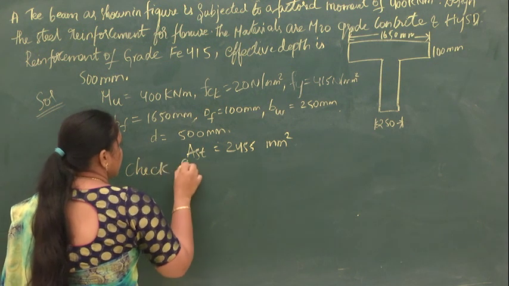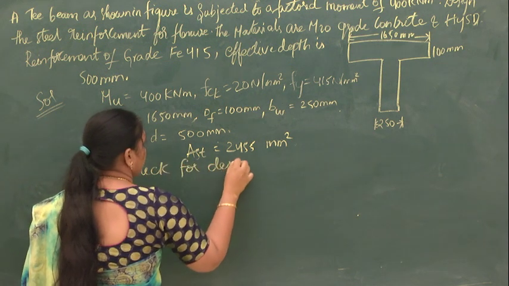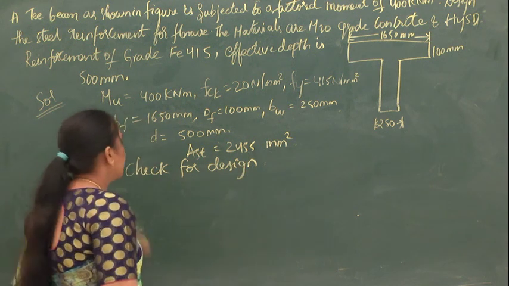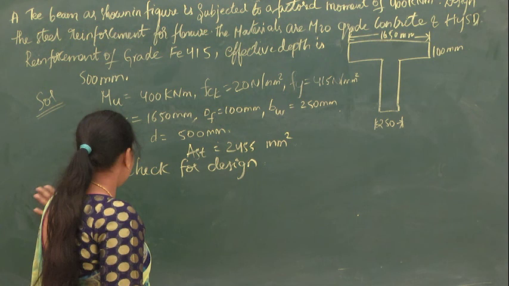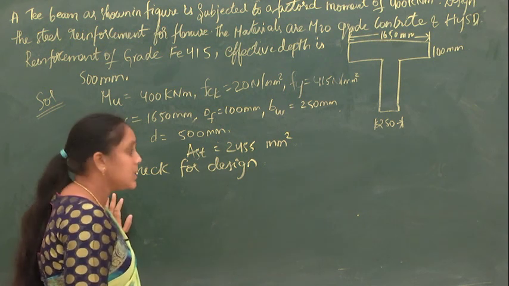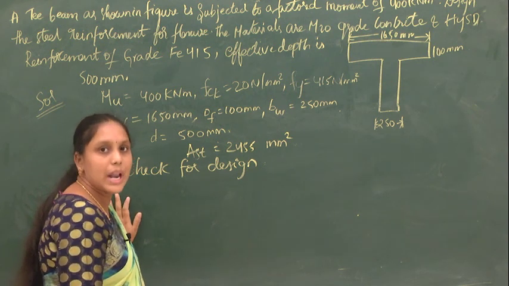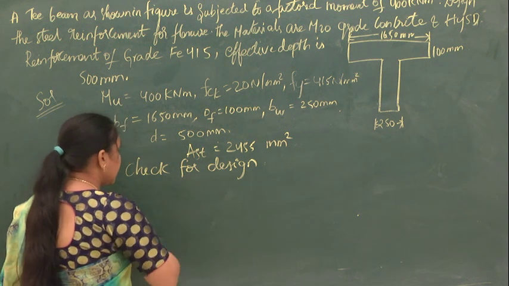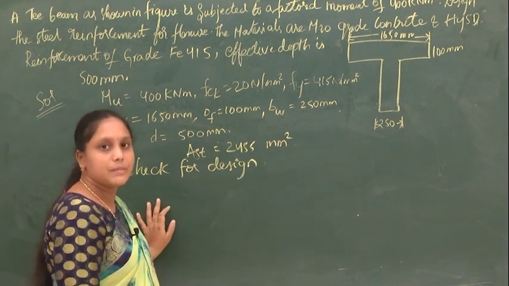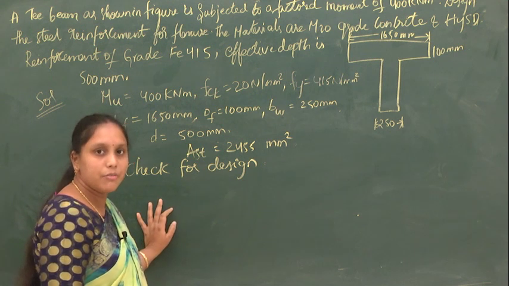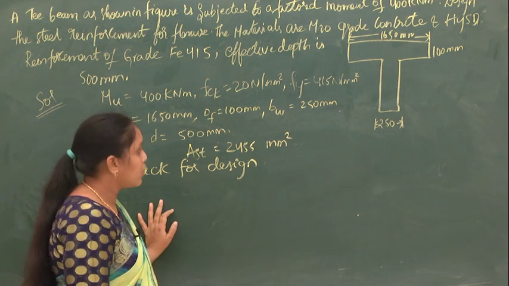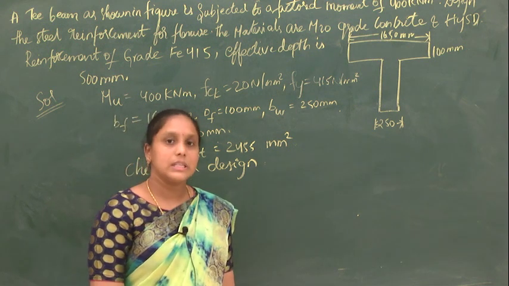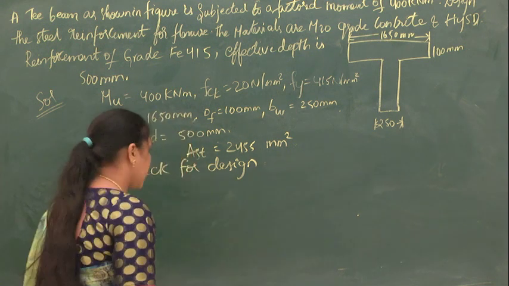For checking the design, first I am going to calculate the neutral axis depth. How do we calculate the neutral axis depth? The neutral axis depth can be calculated by equating the forces of compression to the forces of tension, assuming that the neutral axis is lying in the flange portion.